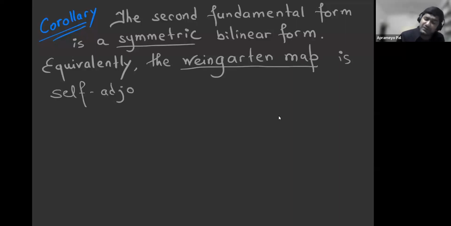So it's the same definition. The notion of self-adjoint is actually given by the symmetric bilinearity property. So that's essentially exactly the same thing I'm saying. And why is this true?